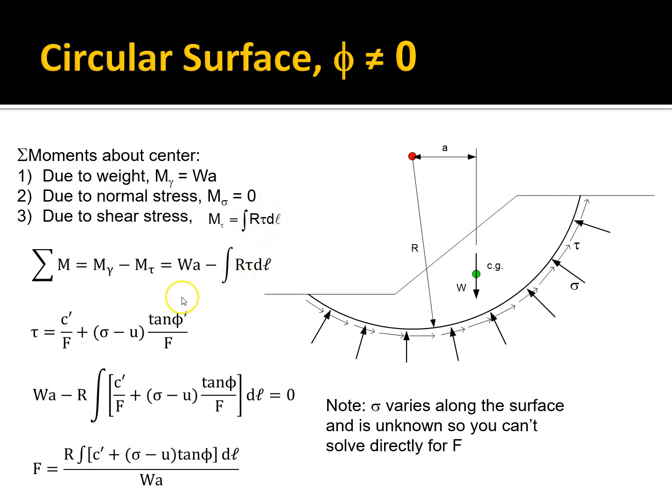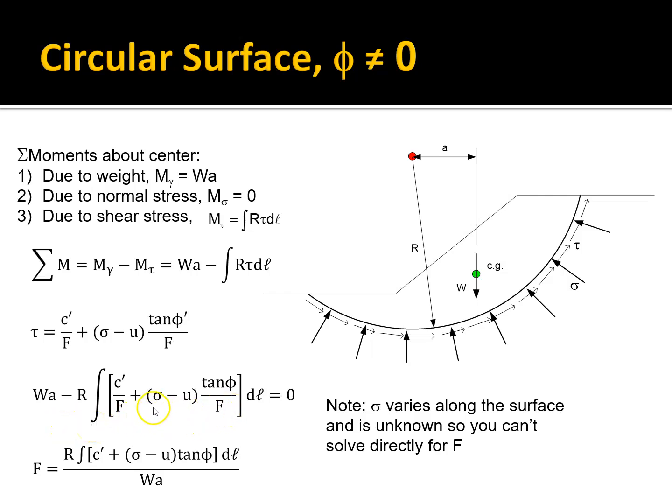If we sum the moments up, we get the moment due to the weight minus the moment due to the shear stress, WA minus the integral of R tau dl. Tau is the mobilized shear strength, so we divide by the factor of safety. We plug this term into the equation, and we pull out R because it's constant and doesn't need to be in the integral.